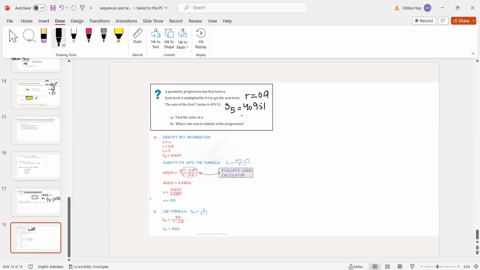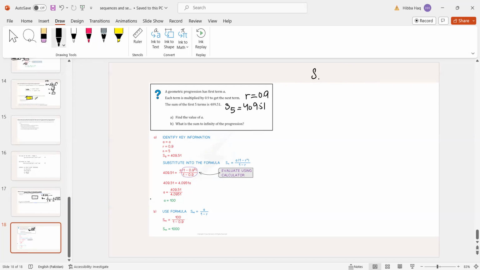We have been given the sum, so we're going to use the sum formula. Sorry, it's a geometric progression, so we're going to use the sum formula for the geometric progression.